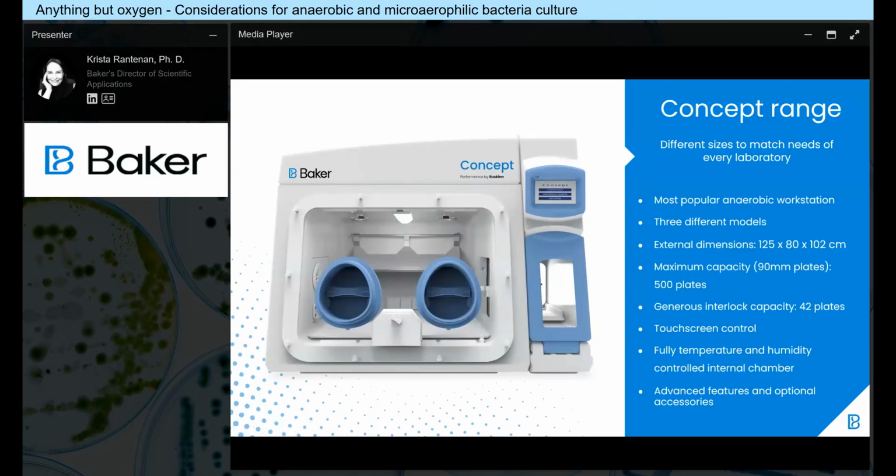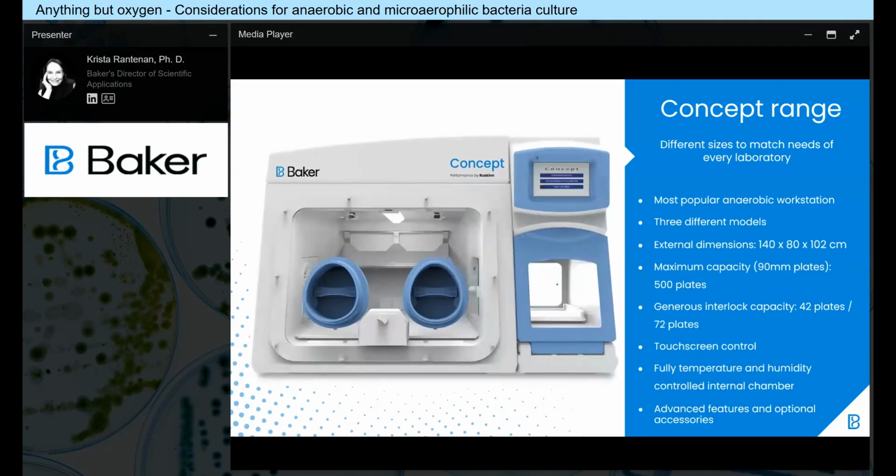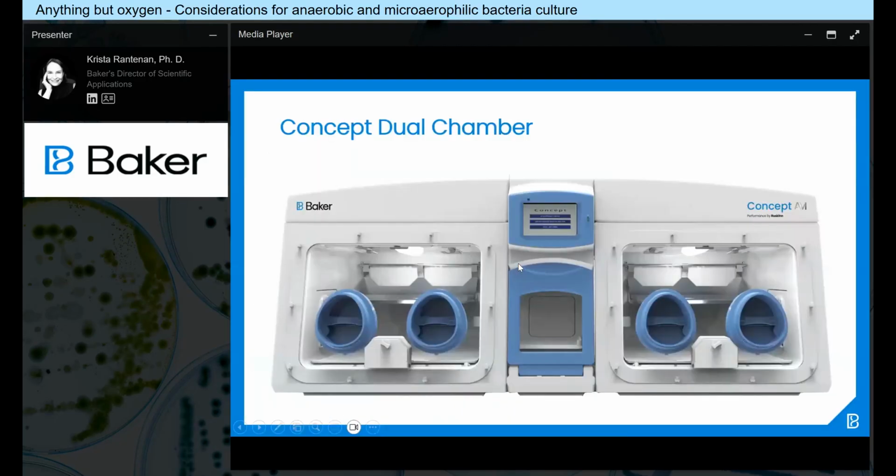We have a few different models. This is our Concept 400. Then in the next slide, we have exactly the same, but with a slightly bigger interlock. And finally, the third model is our dual chamber, where you have 2 independently controlled chambers.